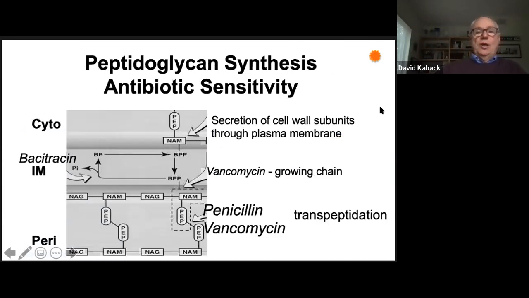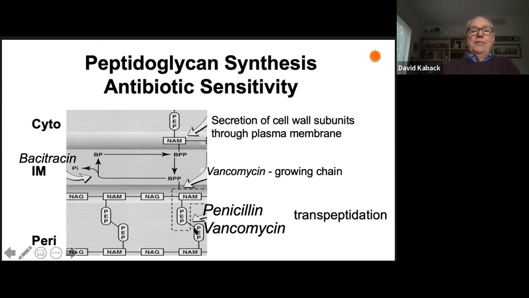Now the cross-linking and the structure is very important for antibiotic sensitivity. For example, penicillin, which is, by the way, very effective for gram-positive organisms, usually, something you can kind of remember, and vancomycin prevent the cross-linking of adjacent polypeptides on adjacent strands.